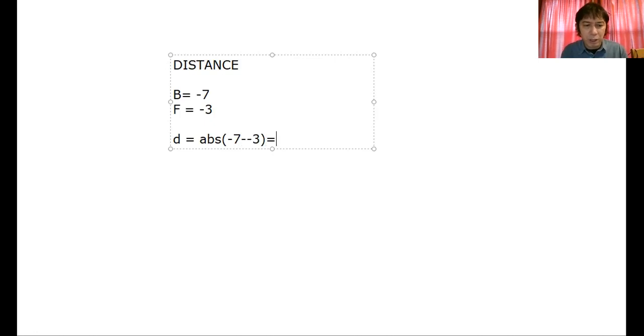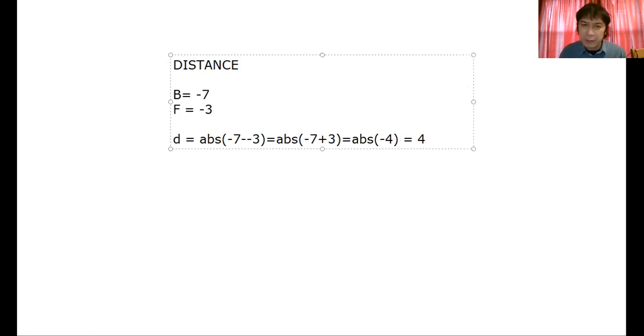And this will be absolute value of -7, and then minus minus becomes plus, and that becomes +3. So this will be absolute of -7 plus 3, which is absolute value of -4, which is only +4 there.